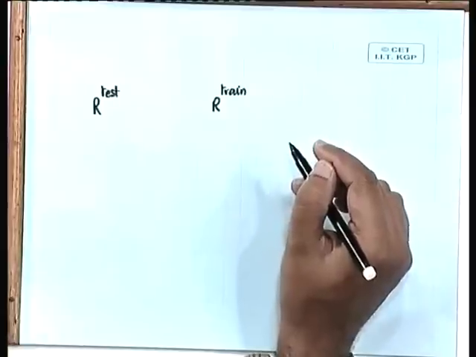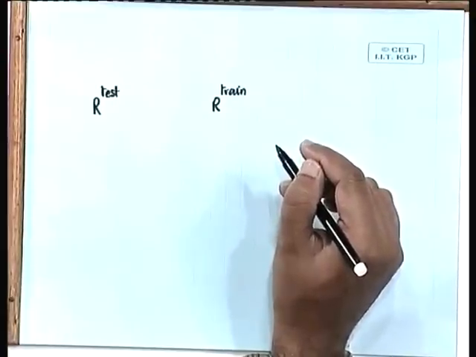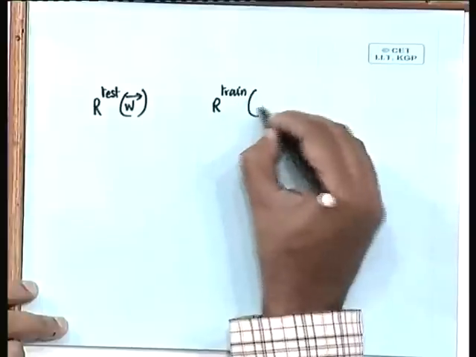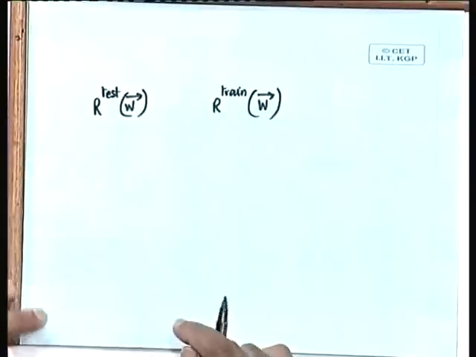Yesterday, as arguments I was putting alpha, where the alpha vector was the free parameter vector, but it was pointed out to me that this will create some confusion, because so long we should be consistent in the nomenclature, and so long we have always considered the W vector as the free parameter vector. So let us stick to the original nomenclature, and instead of using alpha as the vector of free parameters, we take the original notation of W as the vector. So the W vector is the free parameter vector, and R train also will be in terms of the W vector.